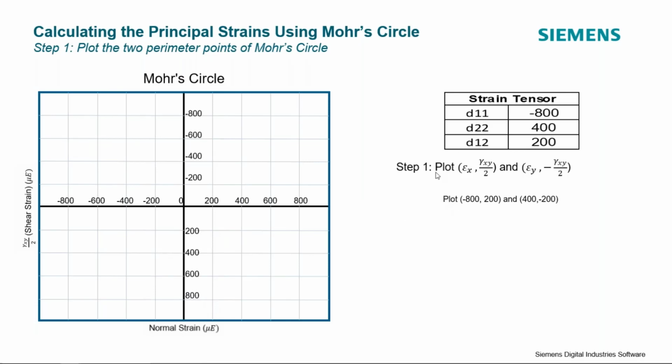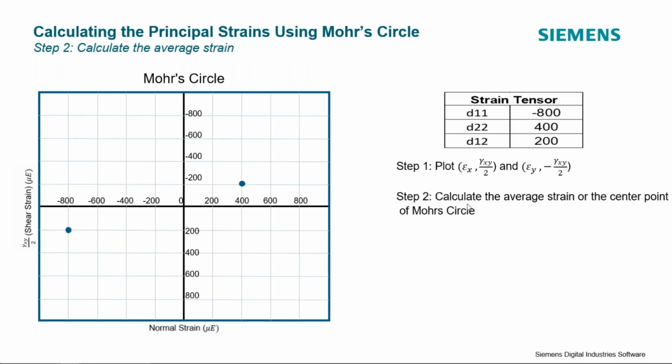So these values here are positive shear strain. The first step to generating Mohr's circle is to plot my epsilon x and my gamma xy over 2, and then my epsilon y and my negative gamma xy over 2. Based on my strain tensor, I have these two points here. We'll plot them on this display, and I get something that looks like this.